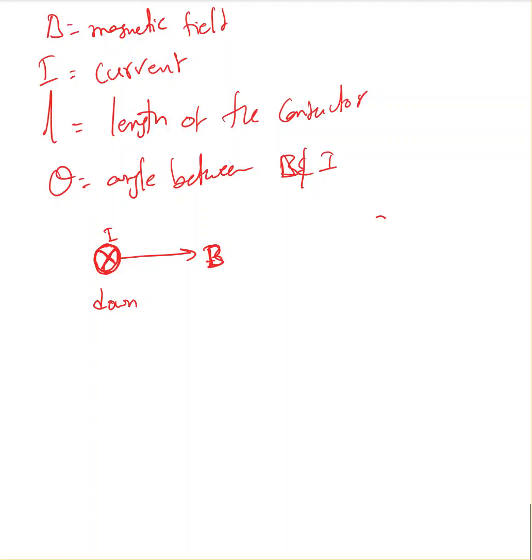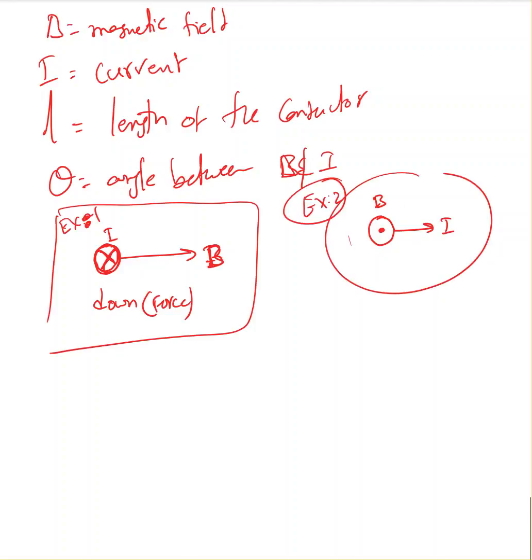Now here is another example. A magnetic field, that's B, is coming out of the board and the current is going in this direction. Which direction is the force going to be on this conductor in the second example? Let me explain it one more time. Magnetic field is coming out of the board.